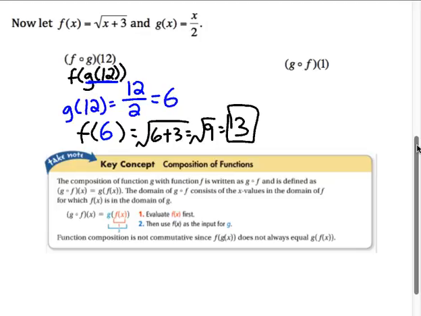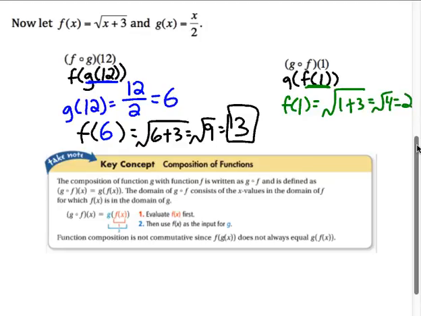All right, and for the other one, again, my first advice is rewrite it. g of f of 1. So I start on the inside. Oh, I'm sorry. f of 1, square root of 1 plus 3 is the square root of 4.